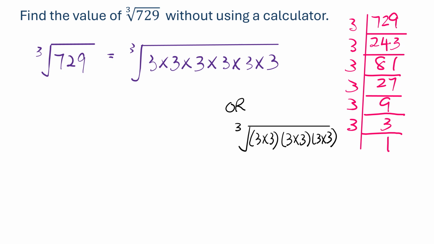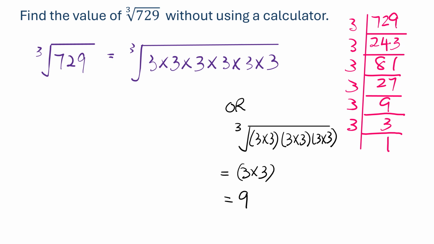You see that we can classify it into 3 times 3 as one group, another 3 times 3 as the second group, and 3 times 3 as the third. So there are three groups, each with the similar terms 3 times 3. The cube root will just be 3 times 3, which gives you 9.